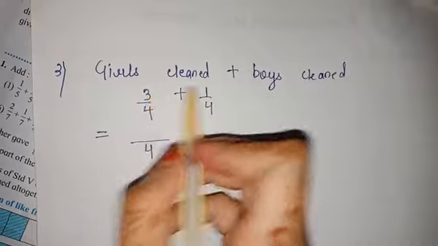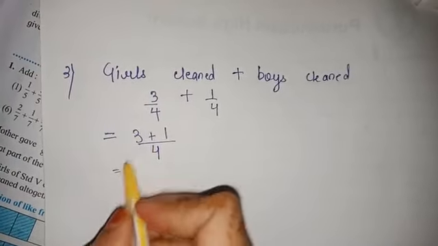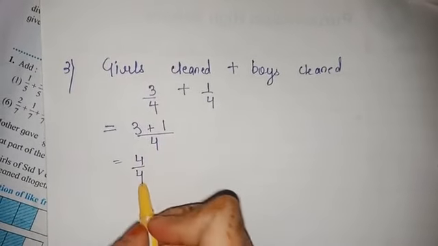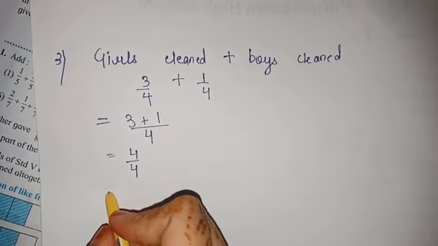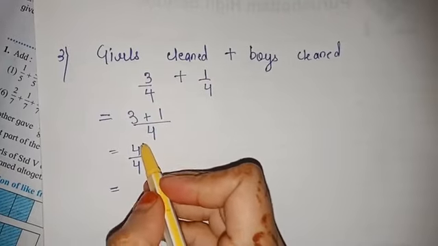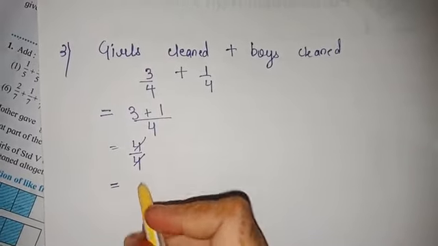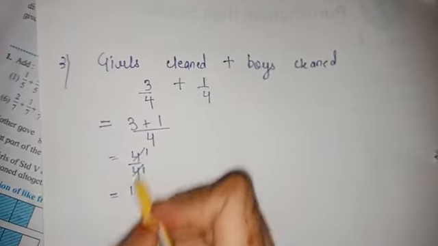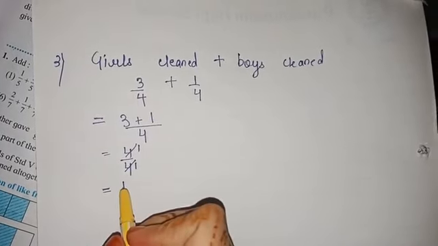We will add only numerators, that is 3 plus 1, right? So 3 plus 1 is 4, and this 4 will come as it is. Now this is 4 and this is 4, so they will cancel. So we get 1, because 4 ones are 4 and 4 ones are 4, right? So we get 1.